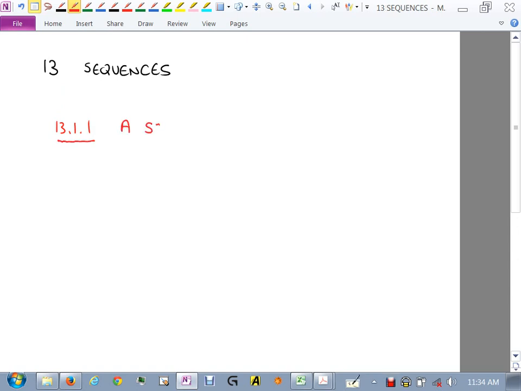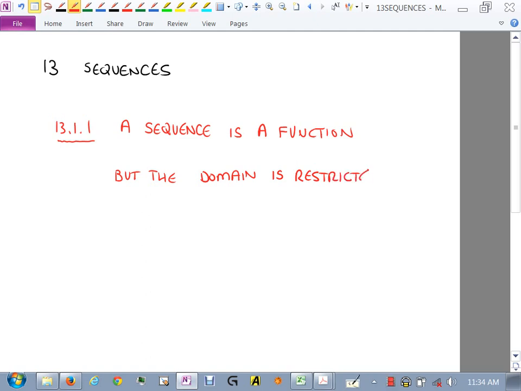A sequence is a function, but the domain is restricted to non-negative integers.